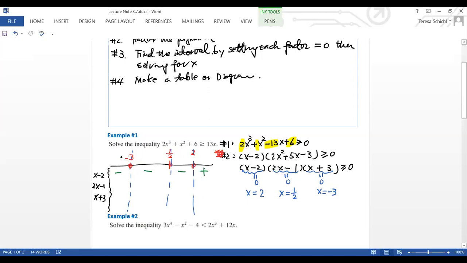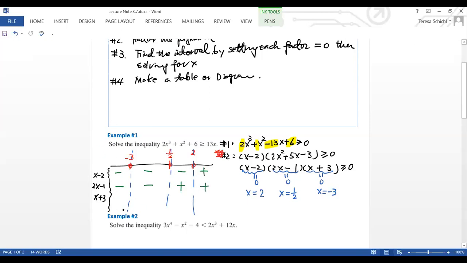Now the 2x minus 1. Choose some number less than -3, say -4. So -4 times 2 is -8, so this is negative. Then choose something between -3 and 1/2, say 0. So 0 gives you negative. Then choose something between 1/2 and 2, say 1. So 2 times 1 is 2 minus 1, so it's positive. Greater than 2 is positive.